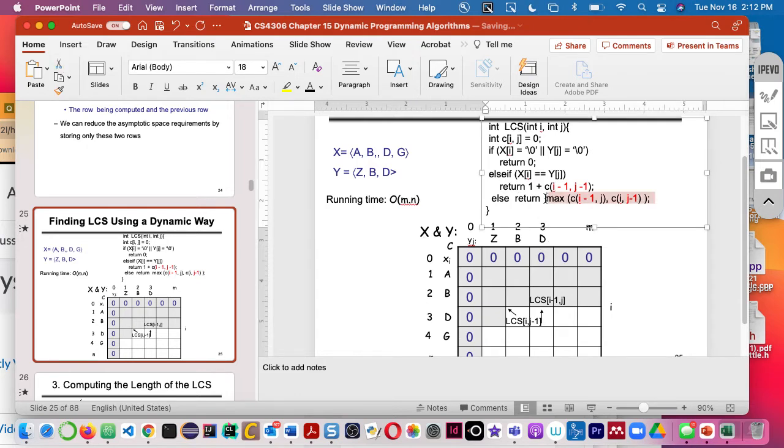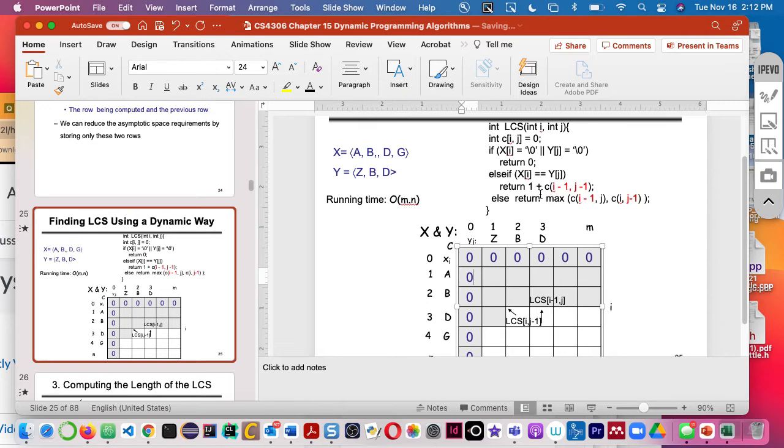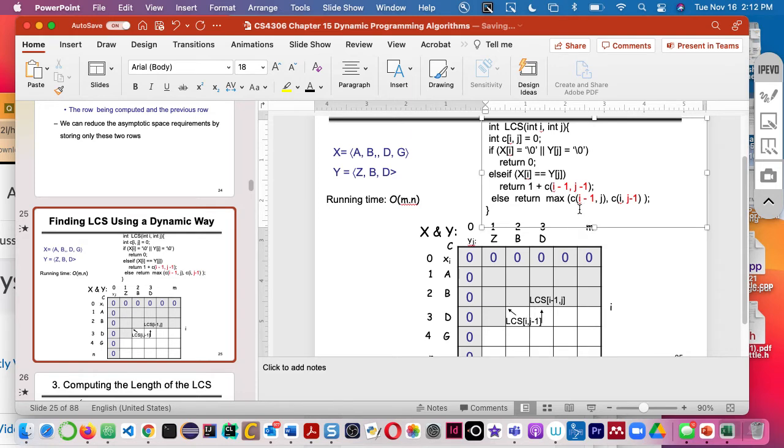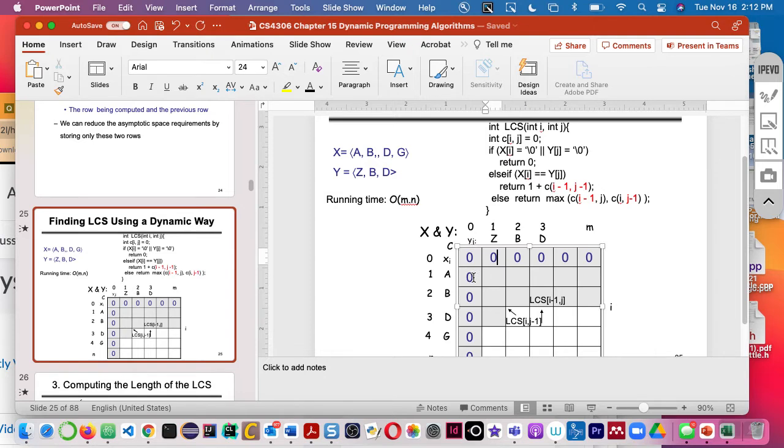If there is no match, then return the max of C[i-1][j] and C[i][j-1]. That means the max of the previous two adjacent cells.